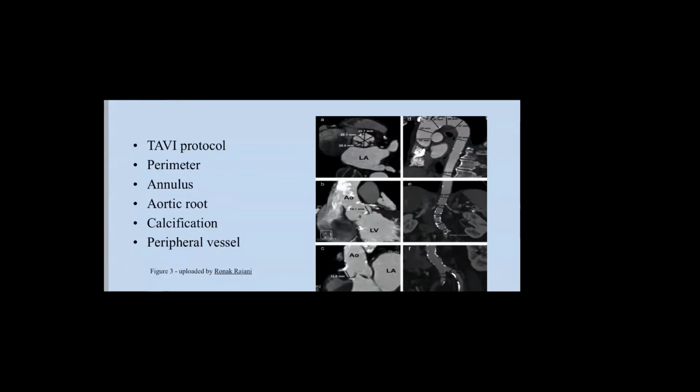A TAVI protocol, basically, if you look at these images, what you have to do is, because your basic problem in TAVI is what? The access, the size, and the deployment. These are the three. How you go in, how you size the valve, and how you deploy it. So you need parameters and data to help you do that.